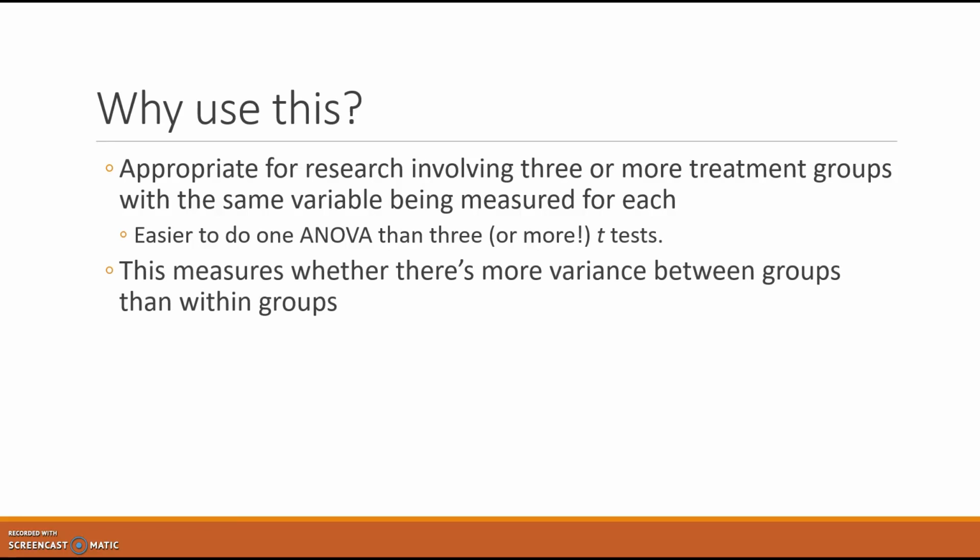And so what this does is it measures whether or not there's more variance between the groups than within them, because this is a big question. We know that groups have a tendency to have a lot of variance within them. If we look at things like height, for instance, one thing we might want to compare is the height of women versus men. Well, we know that generally men are taller than women, but men are not always taller than women.